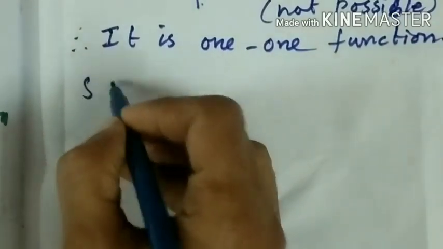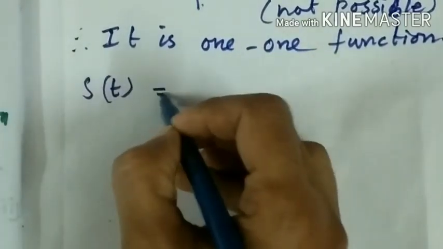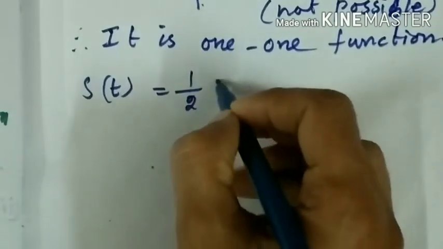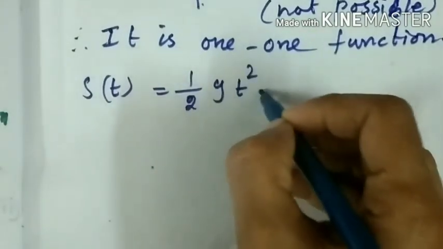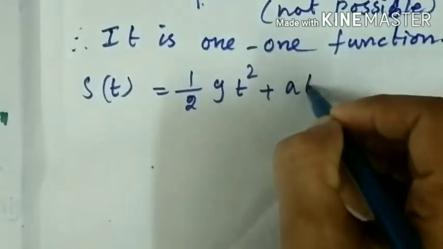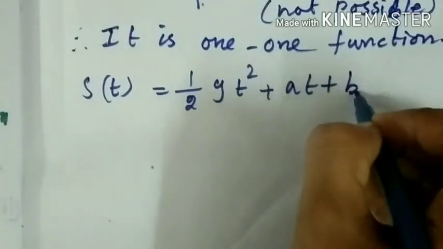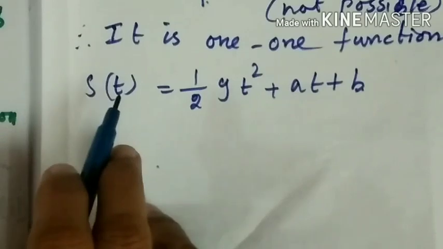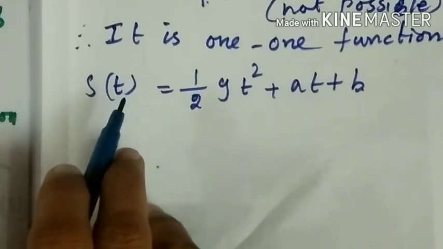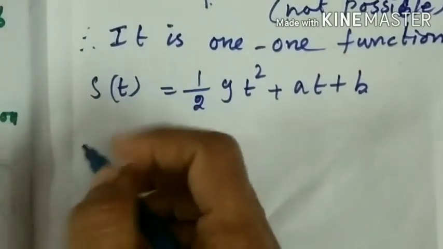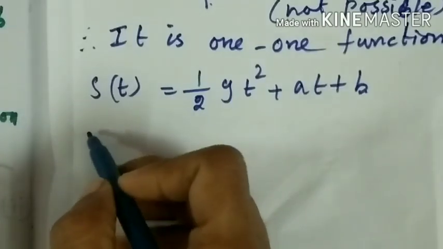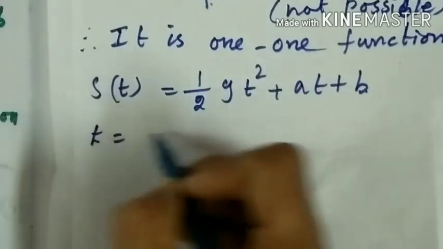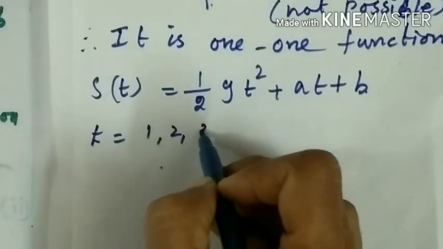See, given function s of t equal to 1 by 2 g t squared plus a t plus b. In this question, t is time taken in seconds. So, let us consider t equal to 1, 2, 3.